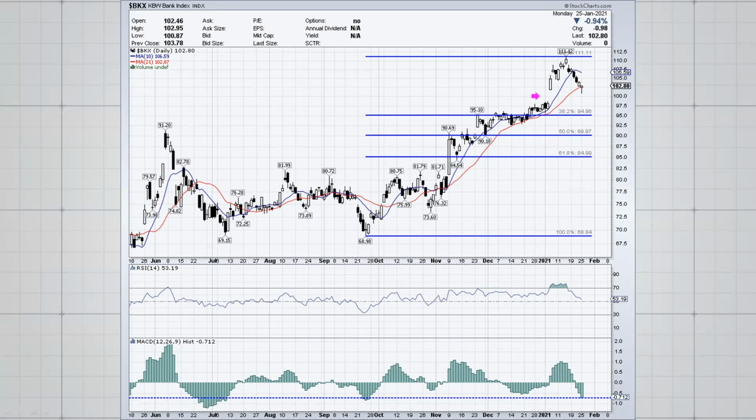And the gap up from the September lows right over here, that was a small gap there as well, and you can see the reaction from that gap to the upside. So here the pink arrow is showing where this last, larger gap to the upside is, and the price just tested back into that.